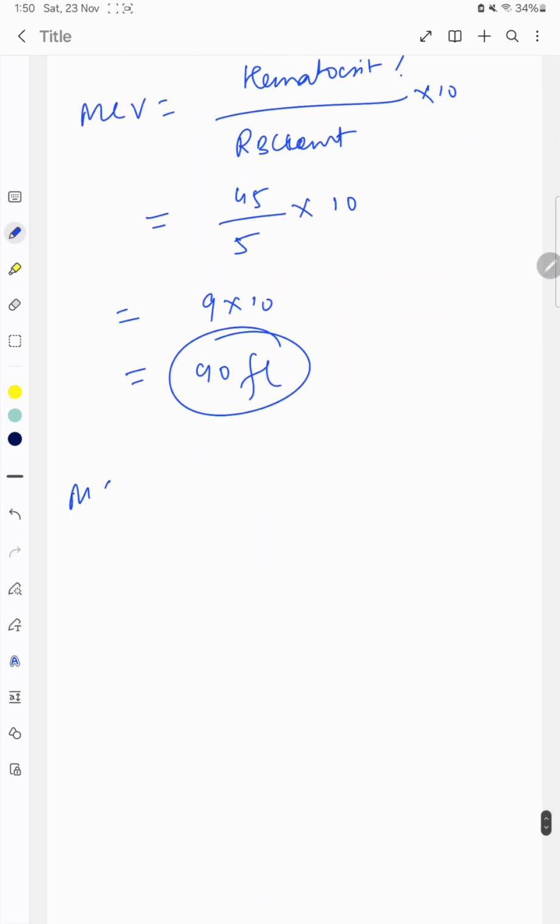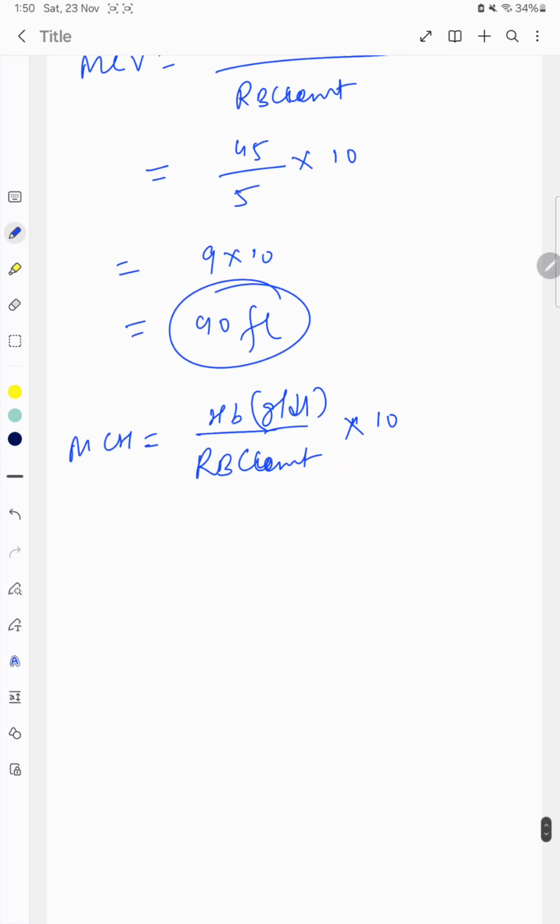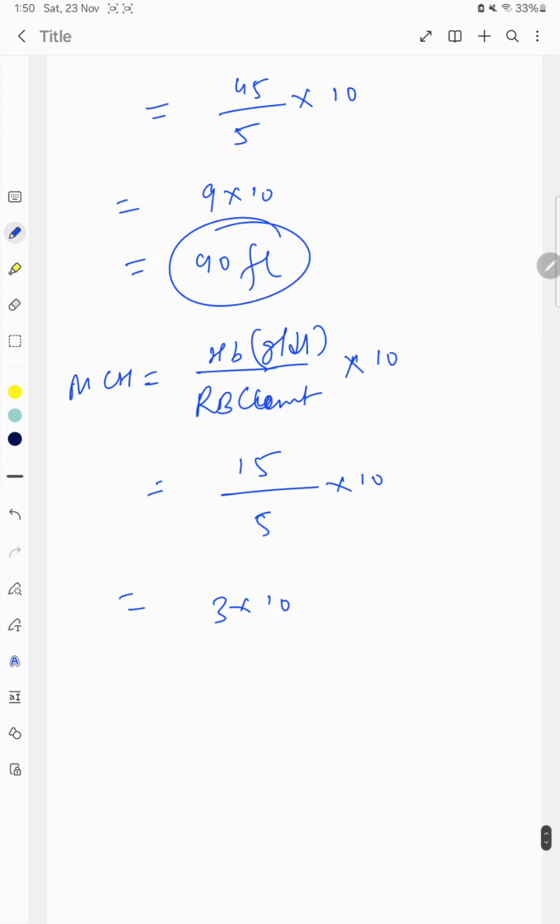What about MCH? As we know, MCH is equal to hemoglobin in gram per deciliter divided by RBC count in millions per microliter into 10. The hemoglobin concentration here is 15 gram per deciliter, RBC count is 5, into 10, so the value is 3 into 10, which is 30 picogram.